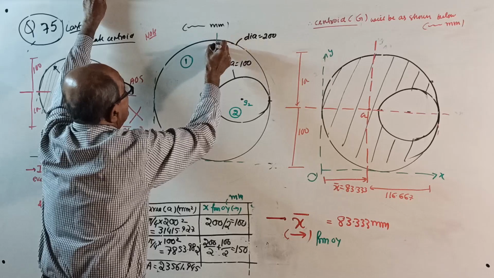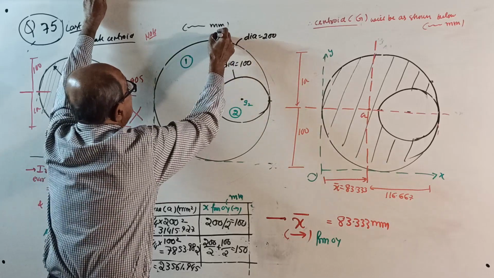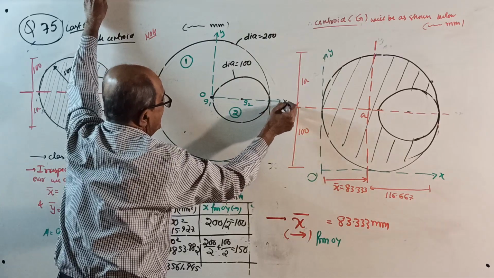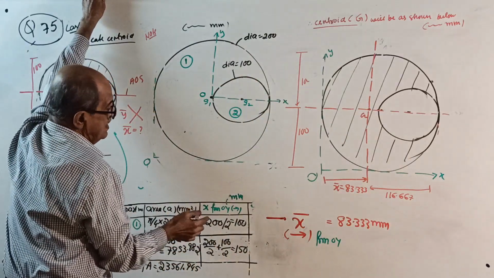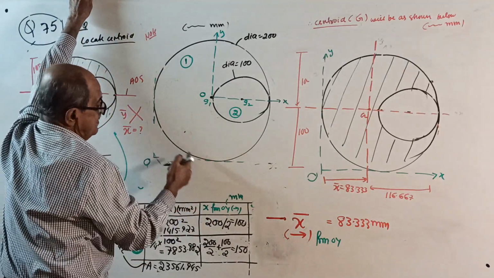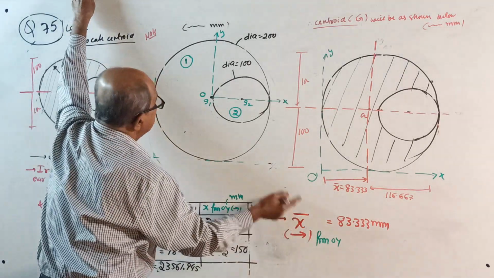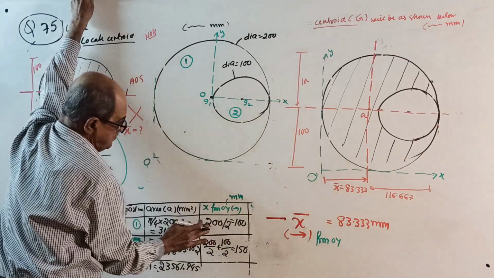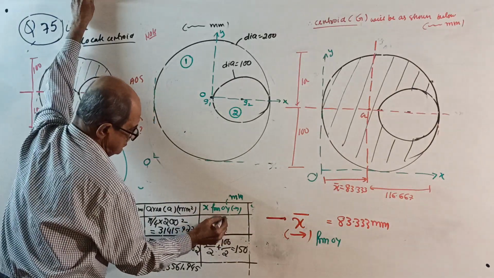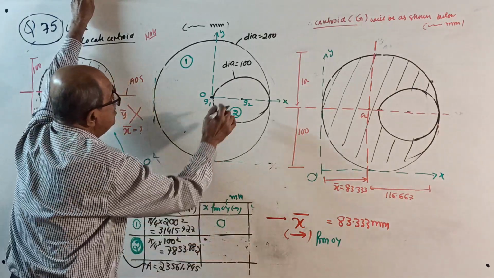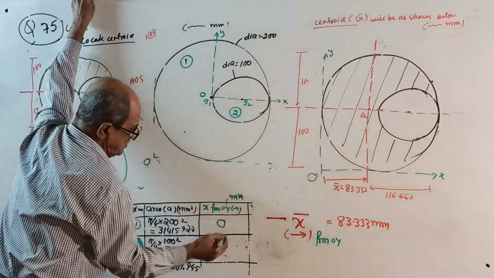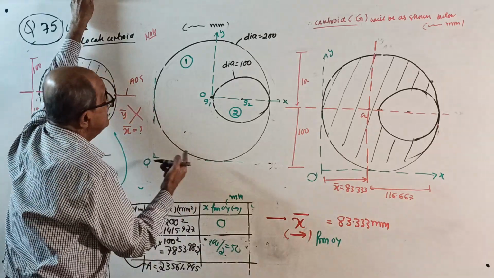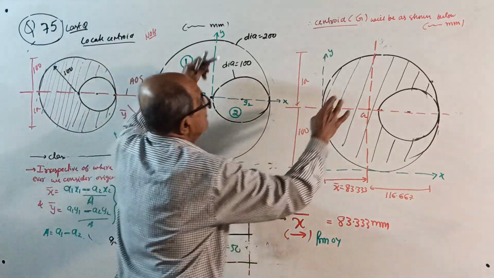Then this is Y, this is your X. Then your x bar, A1, A2 will all remain the same. X1 equal to 0. X2 equal to the right side 100 by 2, equal to 50 mm.